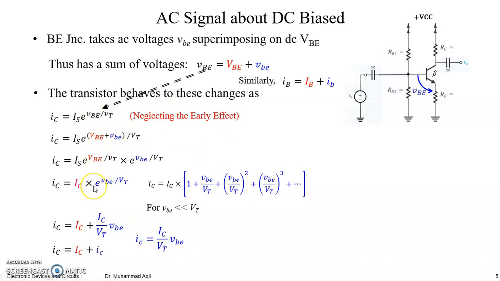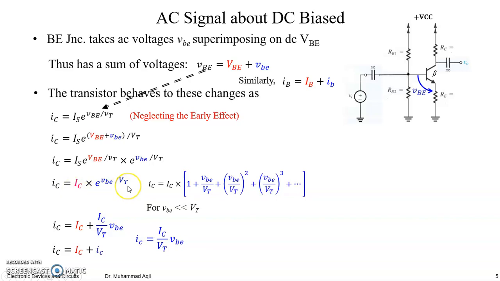The total collector current would be nothing but an AC signal at the biased current, and this AC signal is a nonlinear function, on top of the DC value.